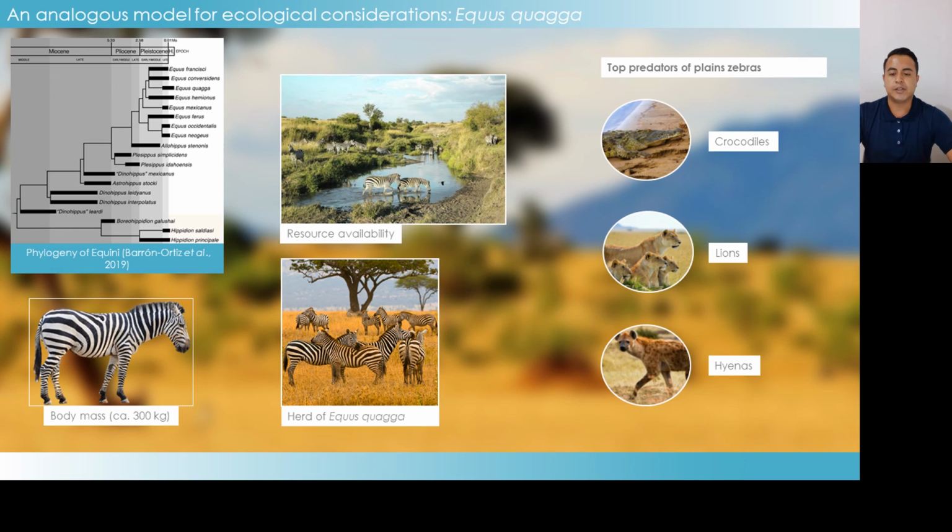The actual plains zebra Equus quagga has a similar body mass and is the closest relative species of Equus conversidens. Therefore, it is a good analogy for understanding the ecological processes regarding the population dynamics of extinct Equus conversidens. The population dynamics of Equus quagga are related to multiple factors, including seasonality, predation, environmental conditions, and/or resource availability.